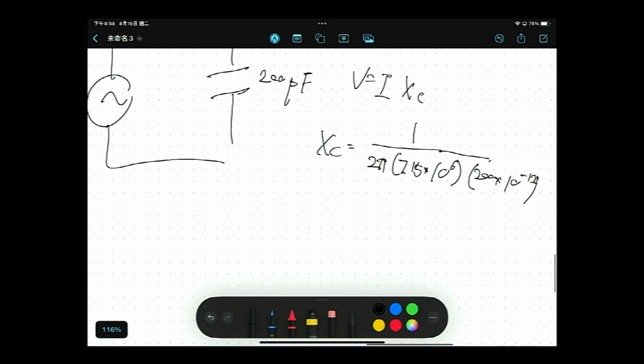Okay. So what is the Xc? I don't want to calculate it. Can somebody help me calculate it? Never mind, I can calculate it on my own.